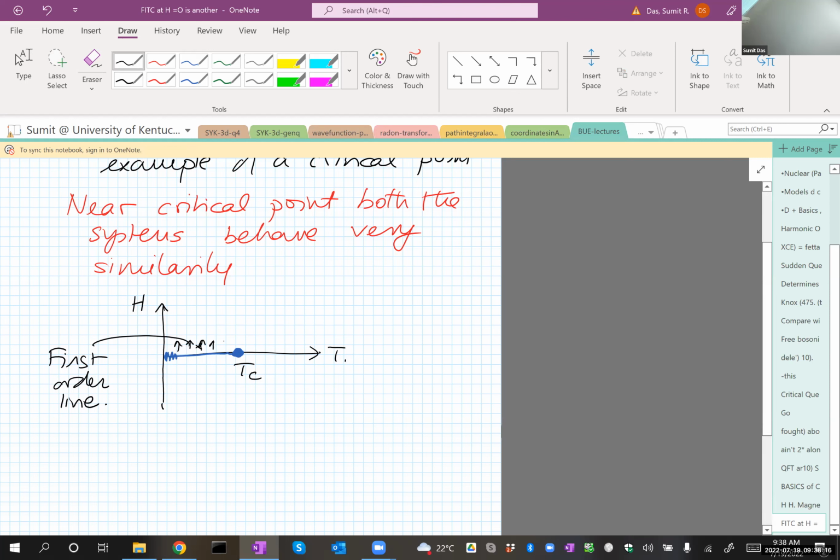You take a large sample, for example, a lattice of points, as in a crystal. And imagine, for example, that each of these points corresponds to a spin which can be up or down. This is our simplest model of what I'll call a magnet.